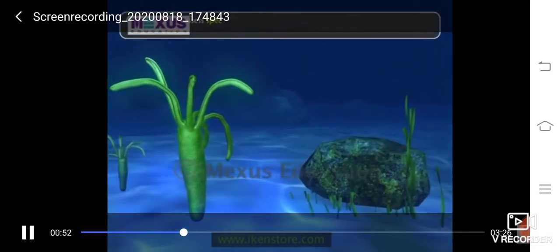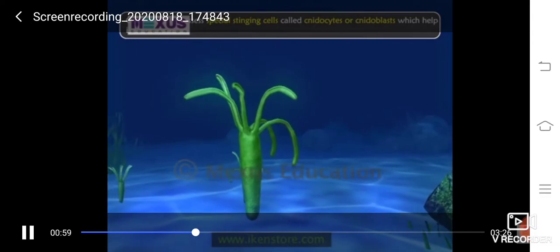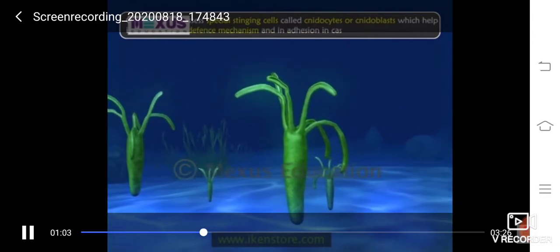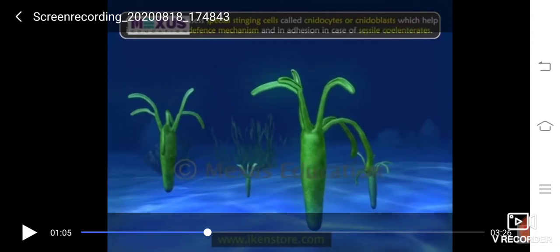Coelenterates possess special stinging cells called cnidocytes or cnidoblasts, which help in food capture, defense mechanism, and adhesion in case of sessile coelenterates. So you know this cnidoblast which is there, okay? They are made up of a special type of stinging cells.